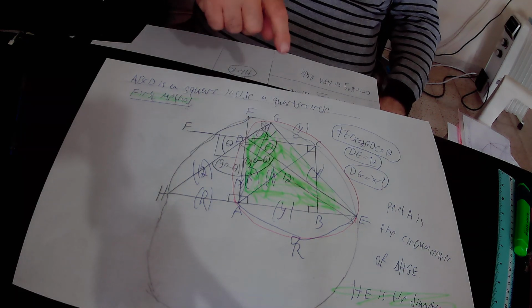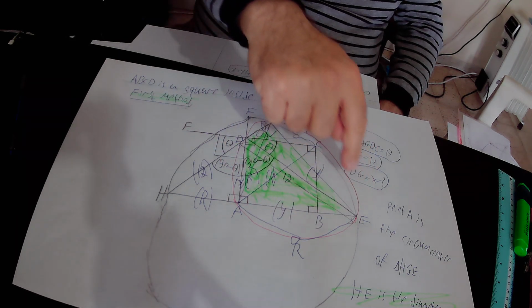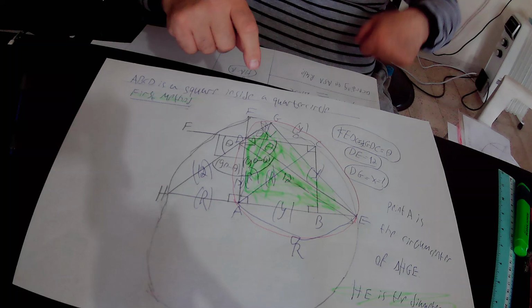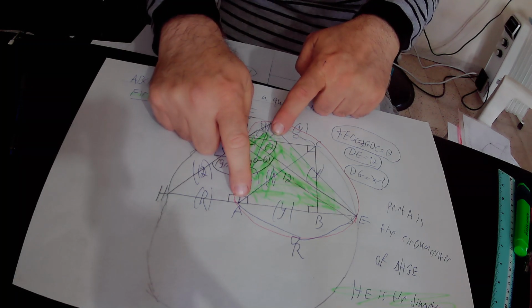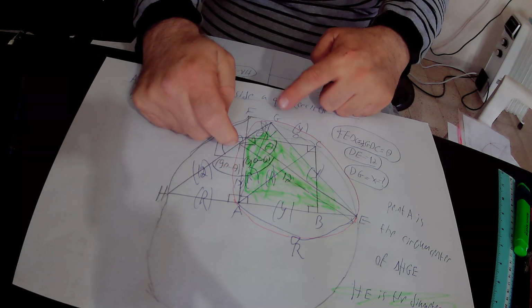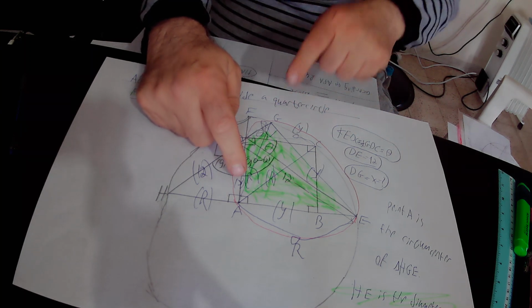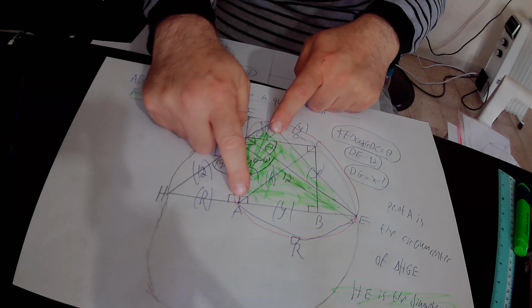In the next step, we actually focused on this green quadrilateral GDAE. In this green quadrilateral, we have those two opposite angles. They are both right angles. So inside this quadrilateral ADGE, we have two opposite angles, and the sum of those two opposite angles equals 180 degrees.